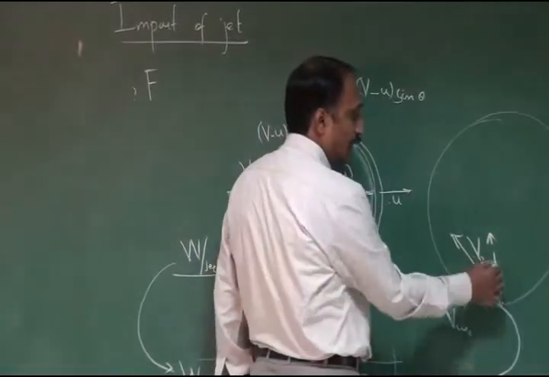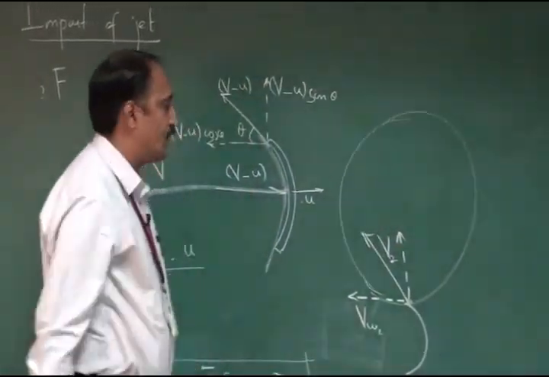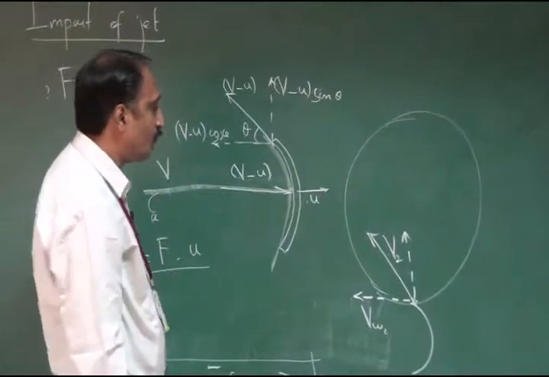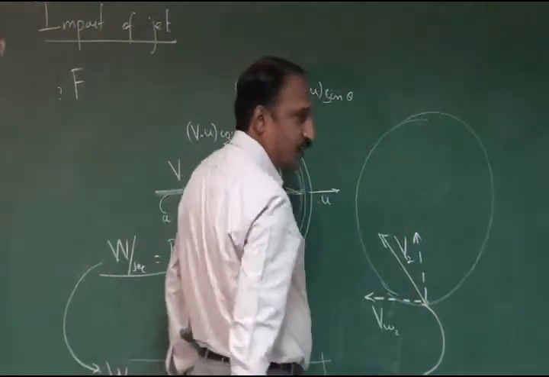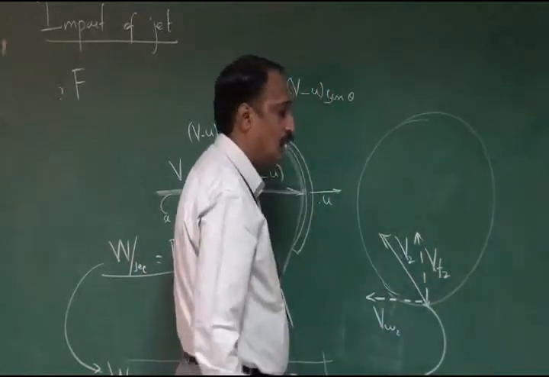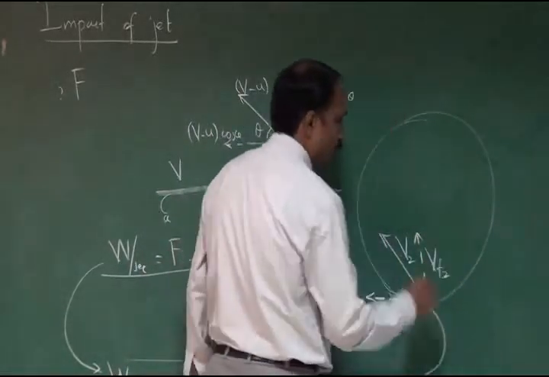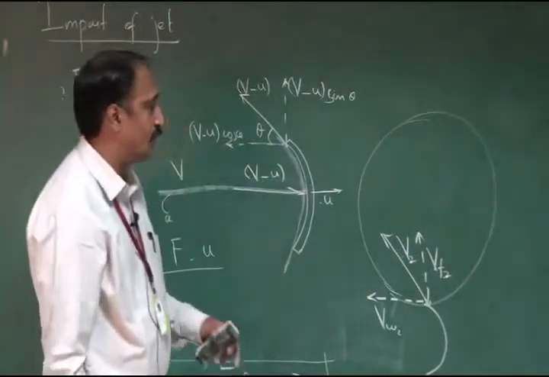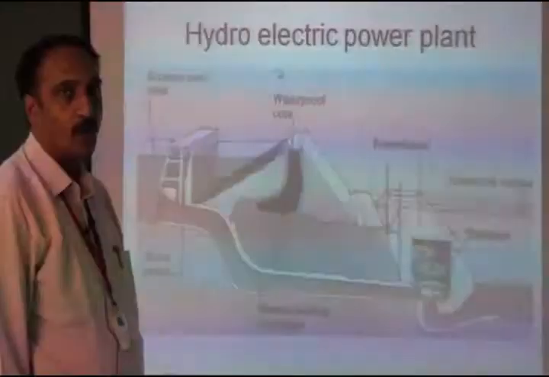Similarly, the vertical component of this velocity in upper direction is termed as VF2. This is velocity of flow. There are two terms used here for our convenience.